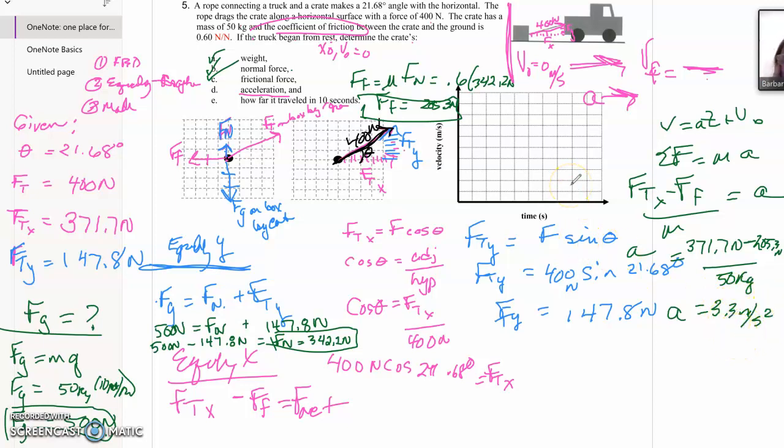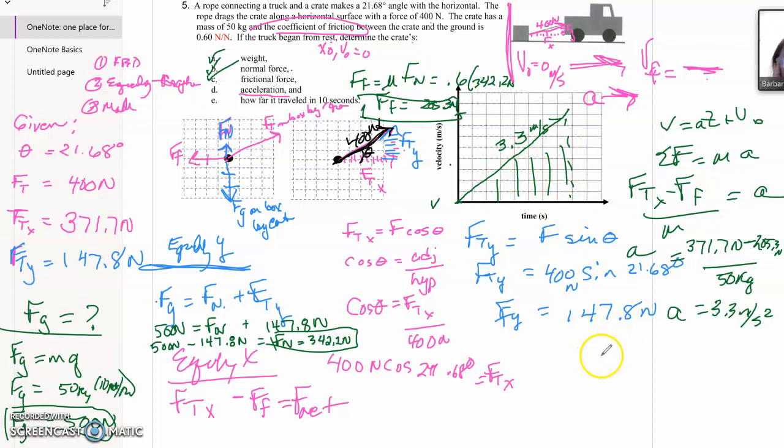Okay, so if I wanted to go back and see this graph, if it started from rest, I feel like if I make the slope 3.3, so if I label this and everything and I draw it in such a way that it's 3.3, then I can find out how far it goes by finding the area, okay?